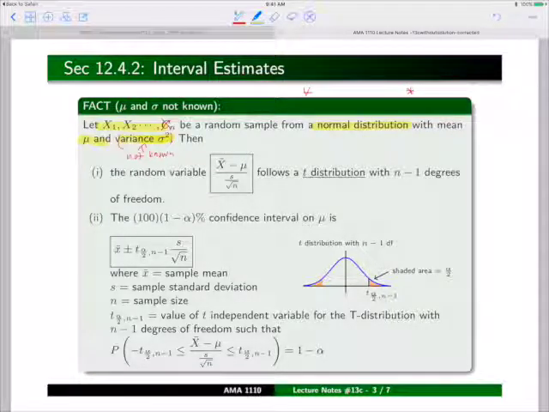Then the normalized random variable, x bar minus mu divided by s over square root n, follows what they call a t-distribution with n minus 1 degrees of freedom.